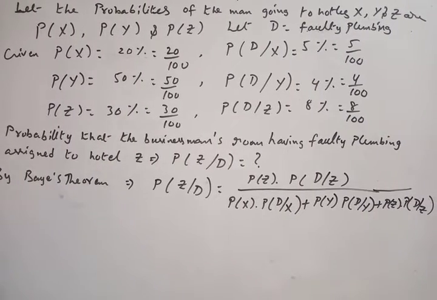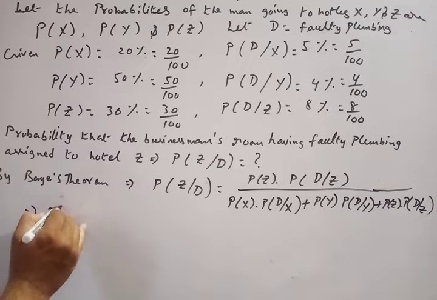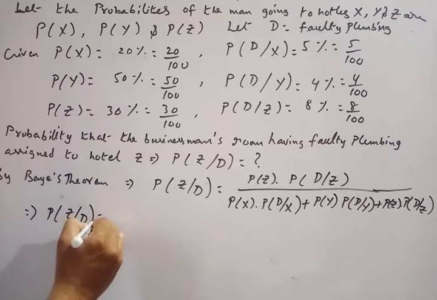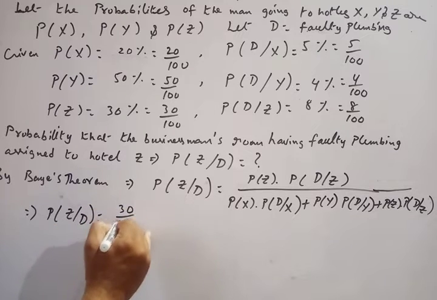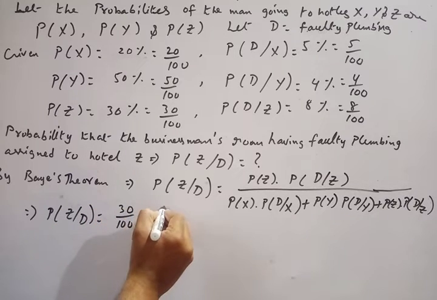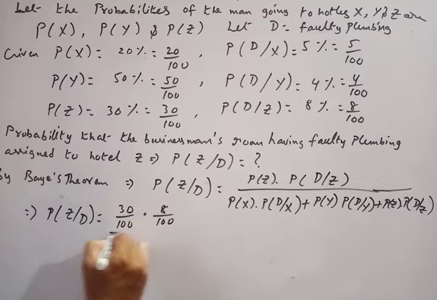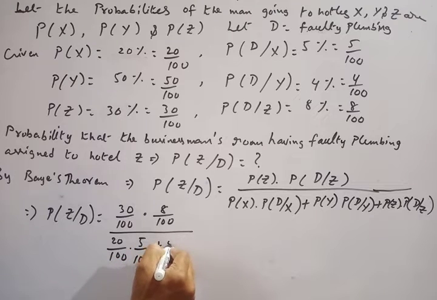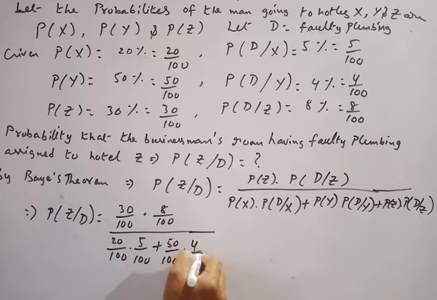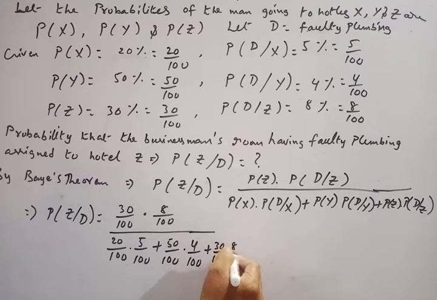So P of Z by D is equal to, substituting the values: P of Z is 30 by 100, don't cancel it, into D by Z, 8 by 100, divided by 20 by 100 into 5 by 100 plus 50 by 100 into 4 by 100 plus 30 by 100 into 8 by 100.